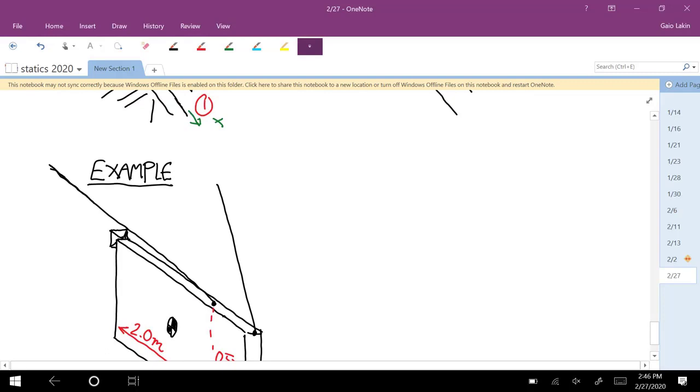And both of these cables connect to the wall. So to get from the pin joint to this point here, I'll call that the point B, this distance is 2 meters.